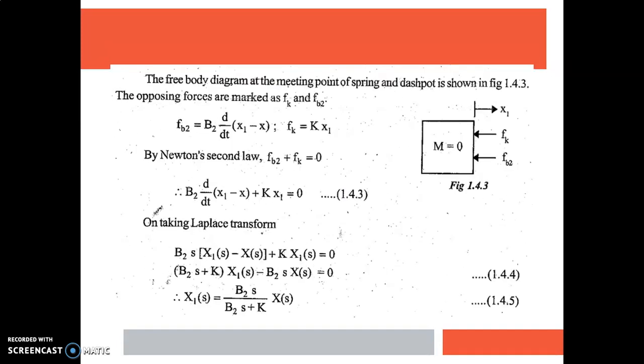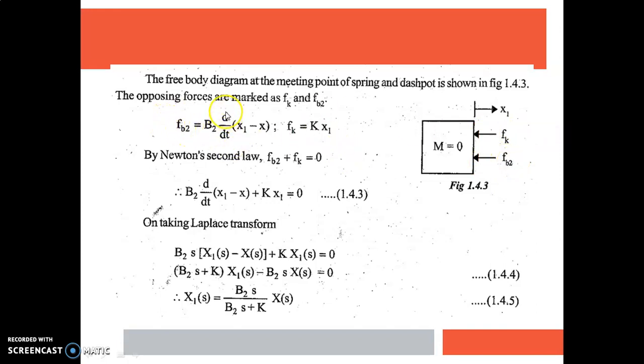So the free body diagram of the second mass body is m is equal to 0. There is no applied force. Opposing forces are Fk and Fb2. You remember, since m is equal to 0, there is no Fm. So Fk and Fb2 only. And Fk is k into x1.